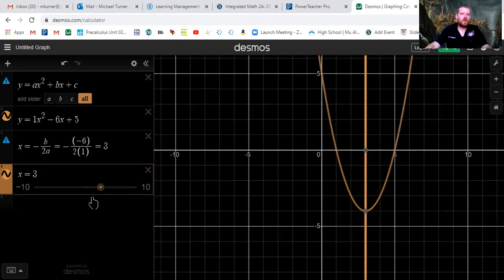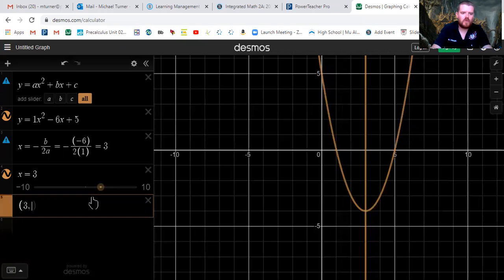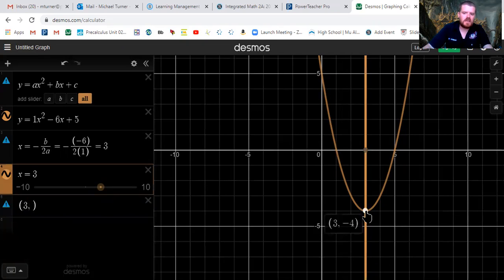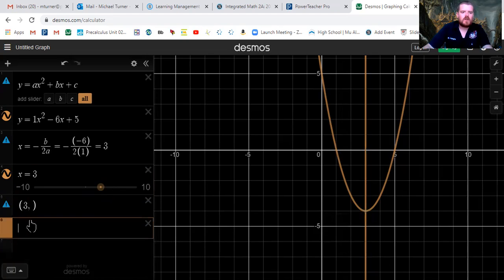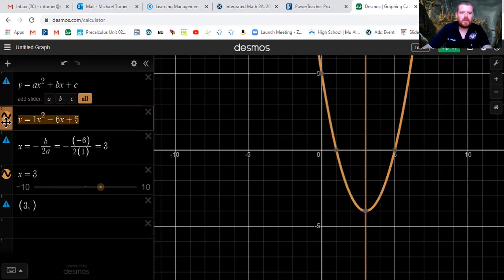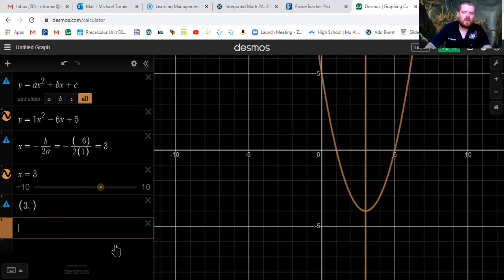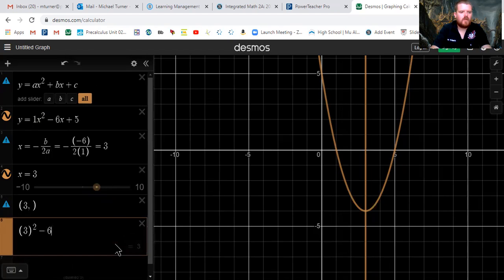So we already know that our vertex is going to be 3 comma some point. And yes, if we're using Desmos, we can see what it's supposed to be. To do this algebraically, we're going to take the 3 now, and we're going to plug it into our quadratic equation. So I end up with 3 squared minus 6 times 3 plus 5.